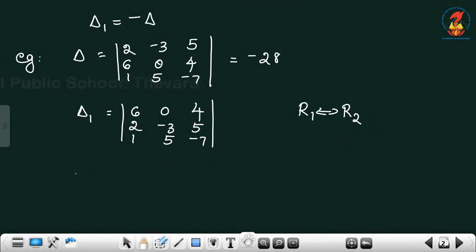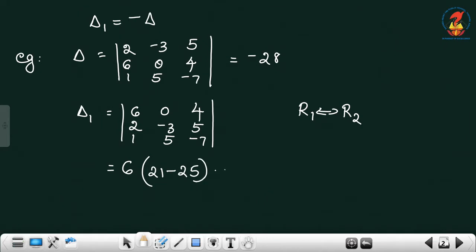And we can find the value. Expanding along R1, 6 into bracket 21 minus 25. The next element is 0, 0 into that is equal to 0. So the next one is 4 into, delete the row and column, 10 plus 3.